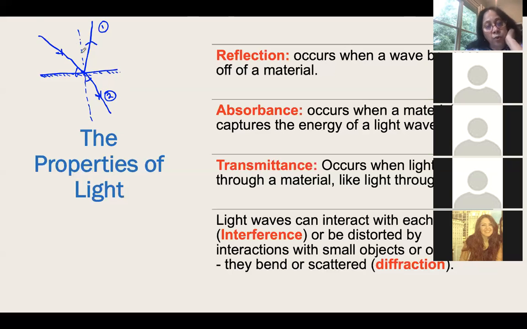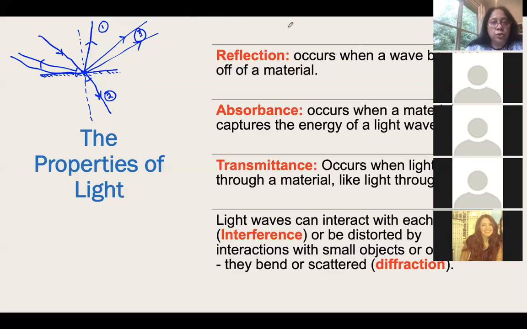The third one, once light falls on the surface, it can be scattered in a completely different direction. So these are the three situations that can happen when light falls on a surface or tries to pass through any material.